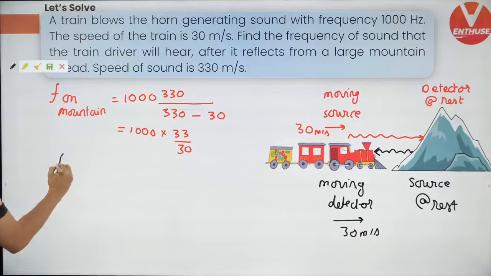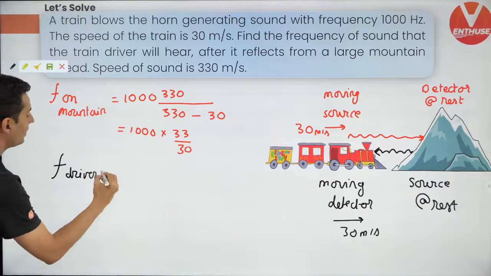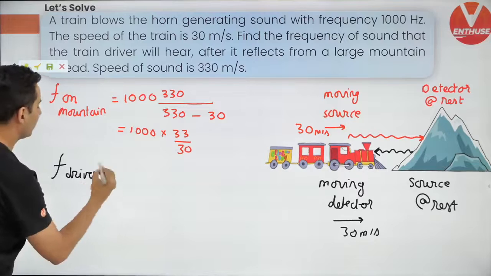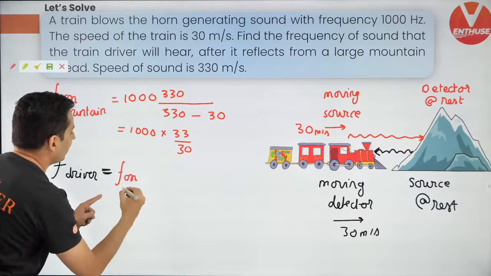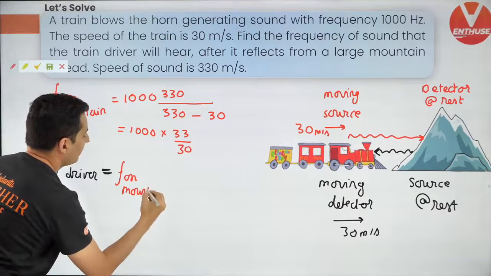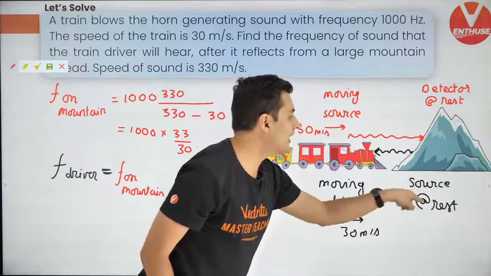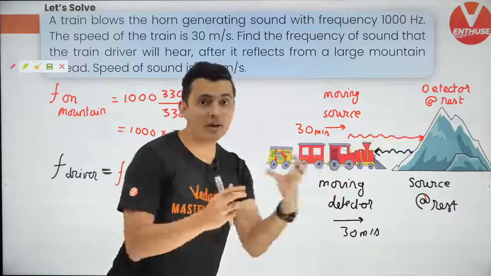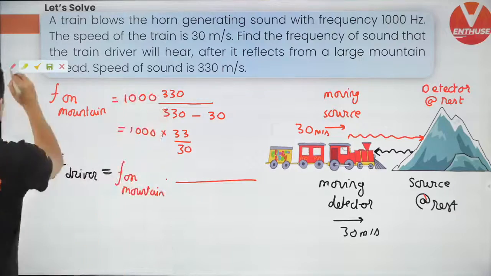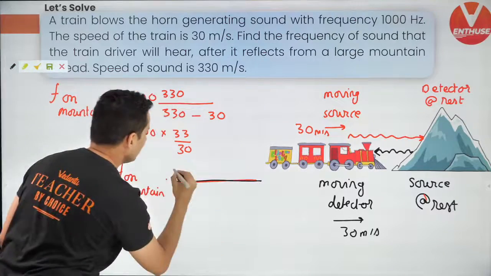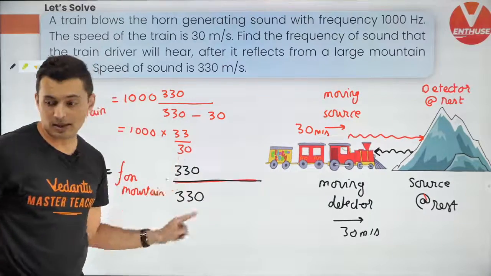So the frequency heard by the driver will be the same frequency which was on the mountain, because the mountain will now behave like the source, into, again, 330 divided by 330.